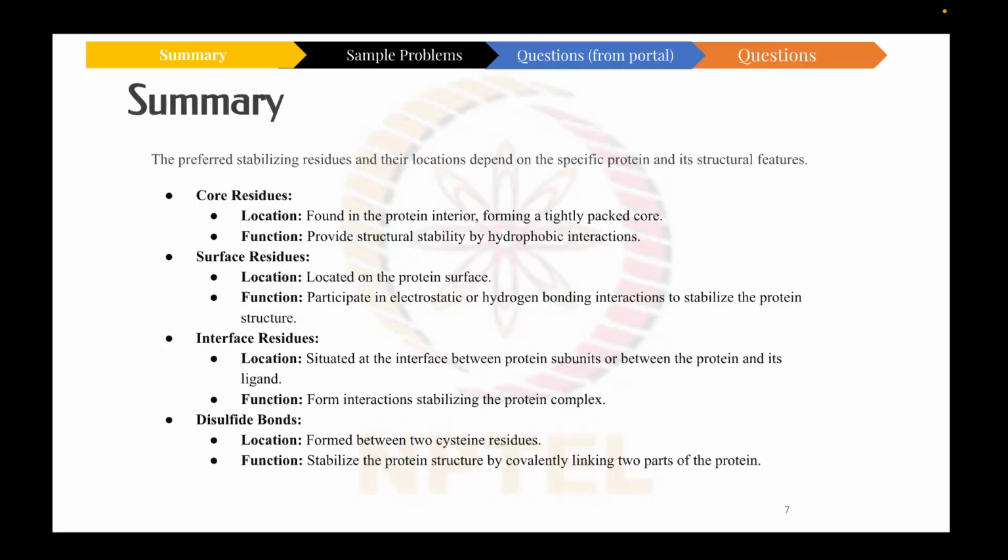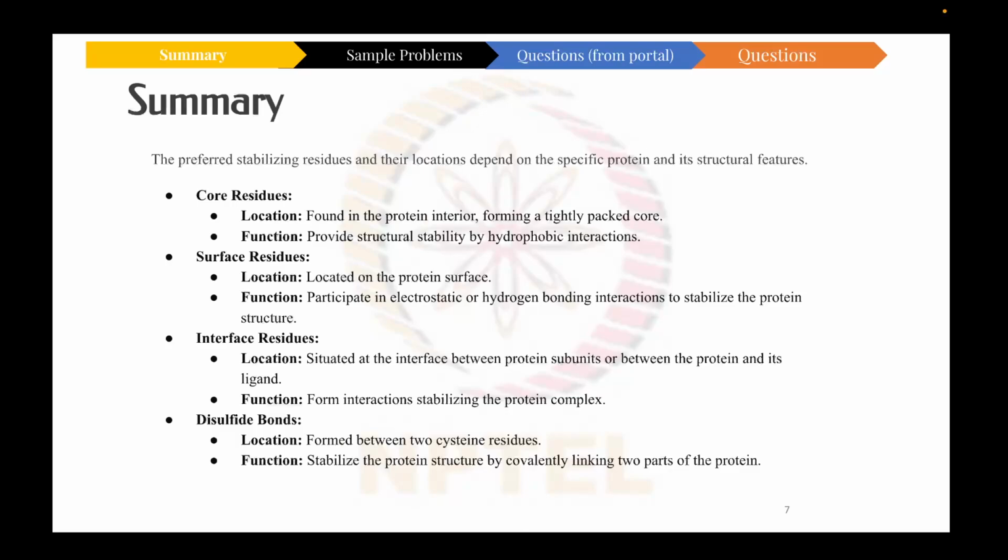First is core residues. These are highly hydrophobic residues located in the protein interior where they form a tightly packed core that stabilizes the protein structure. Core residues are often highly conserved and can be predicted using methods such as the surrounding hydrophobicity approach.